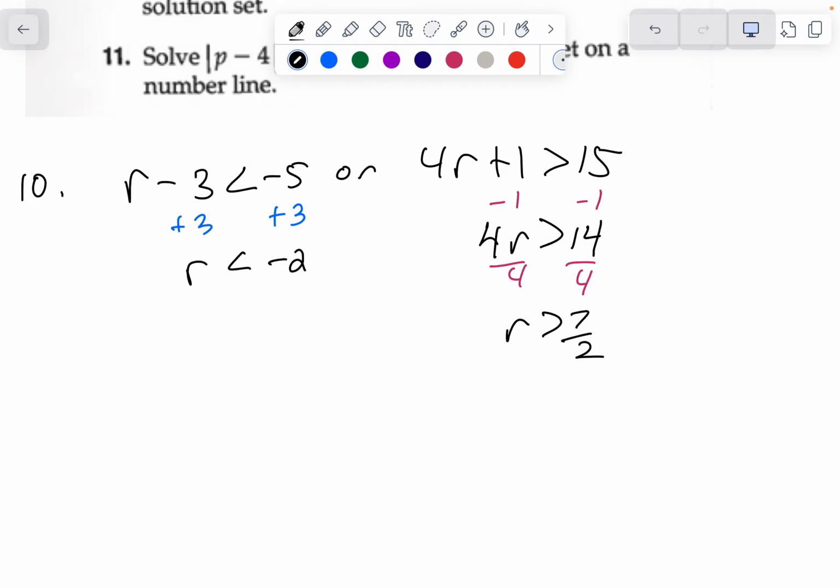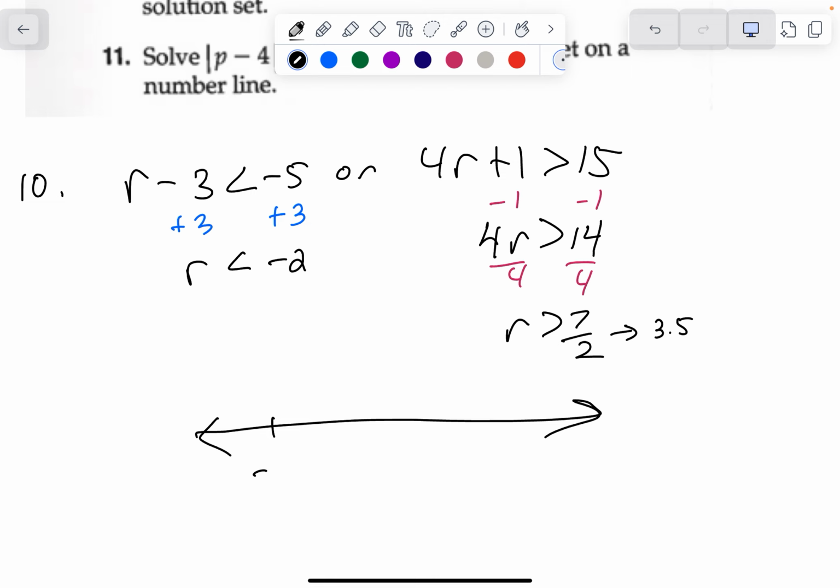Now, if you're doing it on graph paper, it's very helpful to know that that's 3.5, because we're going to have to actually put that dot on there. And all you have to do for one that doesn't come out great is just guesstimate for me. That's perfectly fine, okay? And then for an or, of course, we need -2 on there.